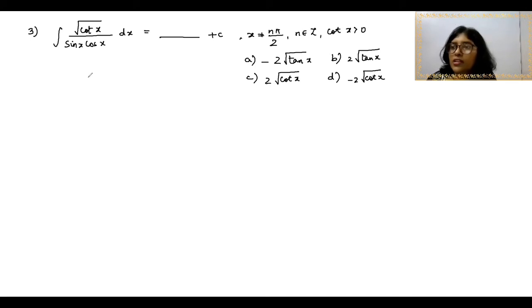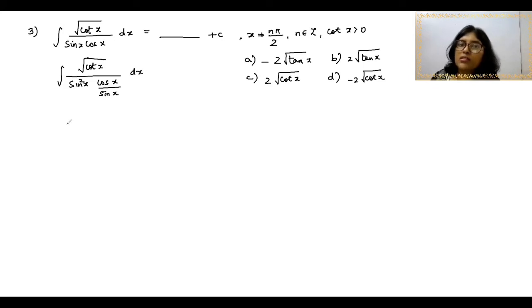So let's start with the third question. It is integration root cot x upon sin x cos x dx, and these are the options. Since we have sin x cos x, because cot x is there, we will divide the denominator, because we have cos, we'll divide with sin x and multiply with sine, so this makes sine square x.